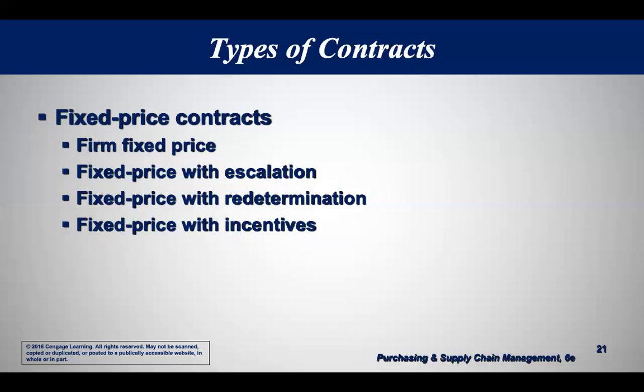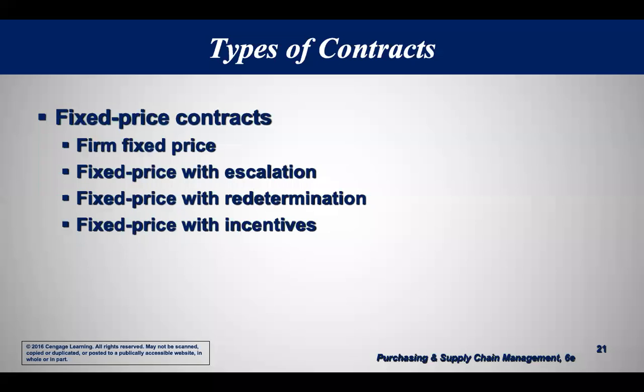And so, what I want you to come away with from this is just knowing that, given a situation, you might be able to pick a different kind of contracting method that would suit your situation much better than just an ordinary fixed price contract.